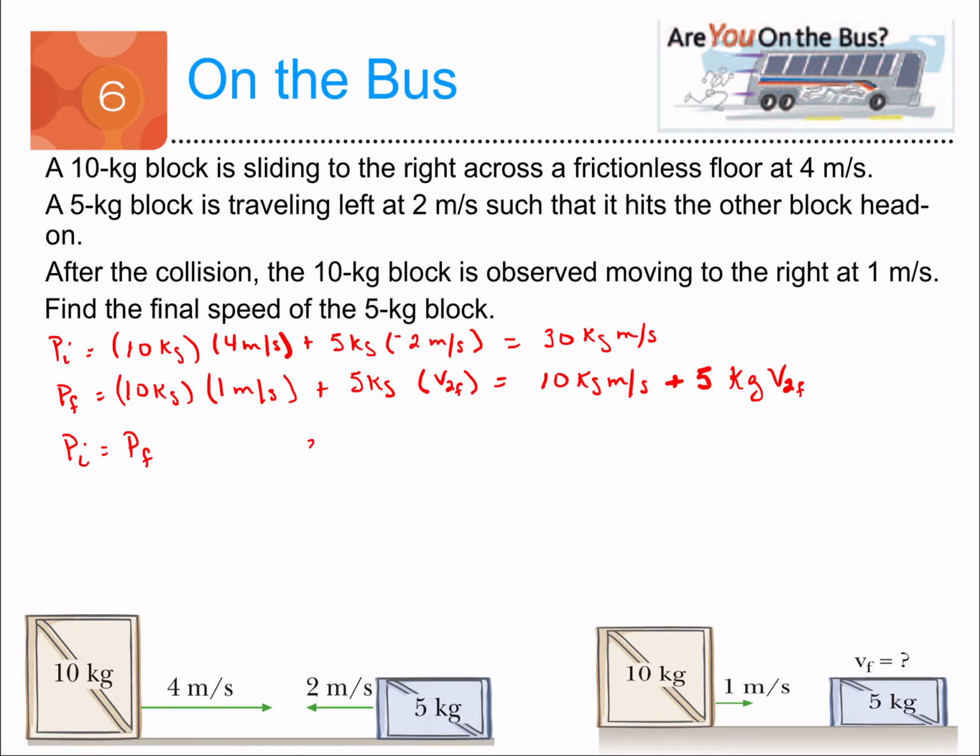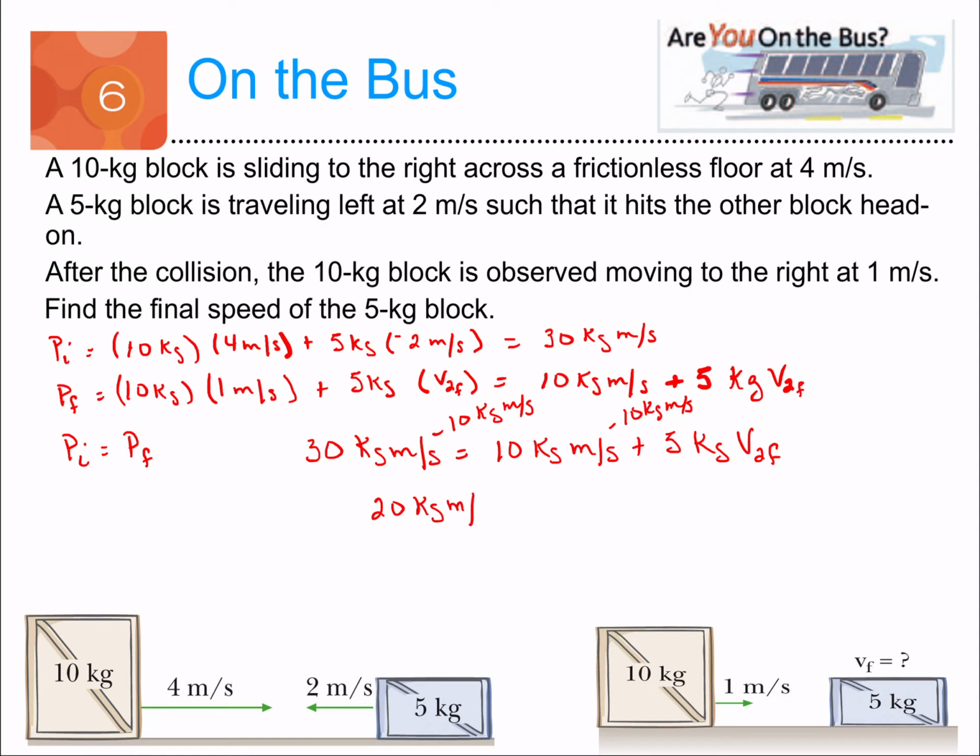So therefore the 30 kilogram meters per second has to equal our 10 kilogram meters per second plus our 5 kilograms V2F. We're going to subtract 10 kilogram meters per second from both sides, and that's going to leave us 20 kilogram meters per second.